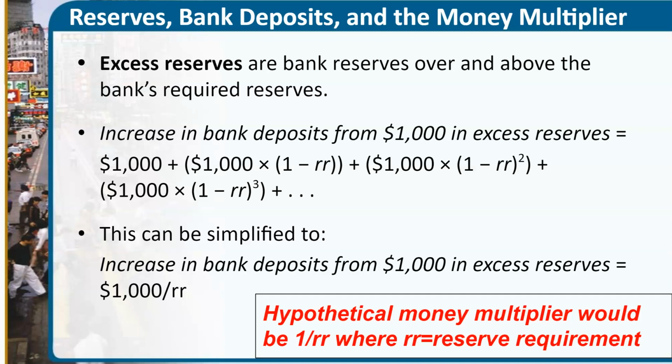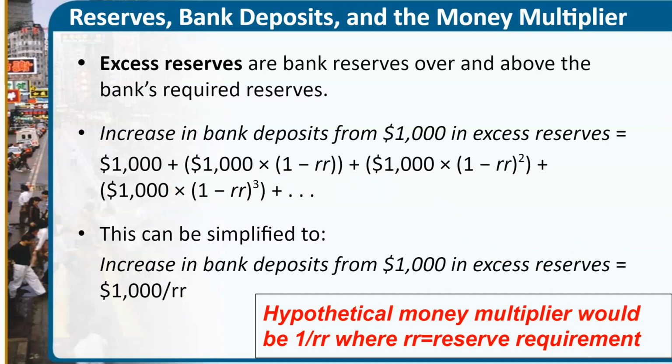And 1 over RR, which is 1 over the reserve requirement, in this case 10%, so 1 over 0.1 or 1 over 10%, is essentially a multiplier of 10. Multiply that 10 by Silas's $1,000, and you can see that ultimately, from Silas's $1,000, until the end of seeing that play out through this money multiplier, it created $10,000 worth of money in the money supply as a result of Silas depositing that money.